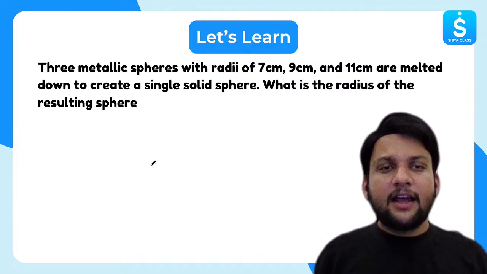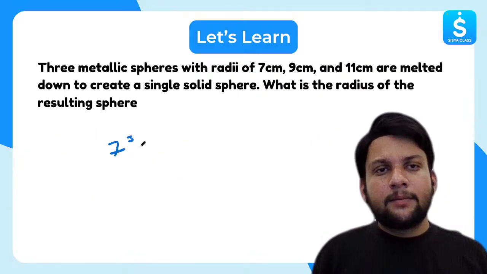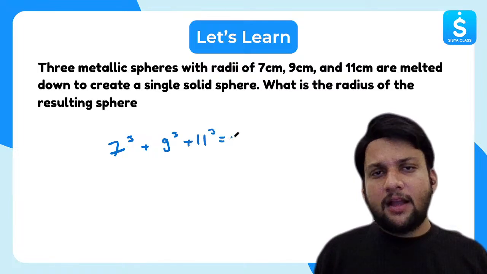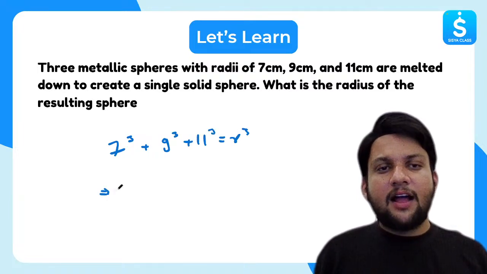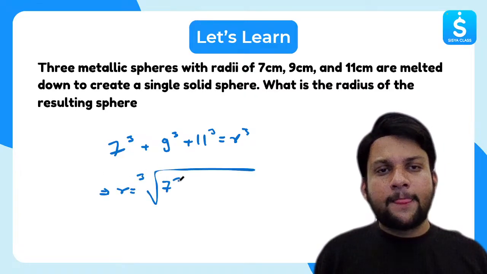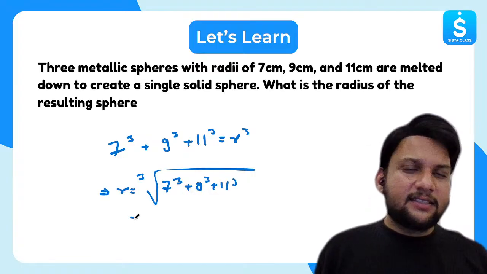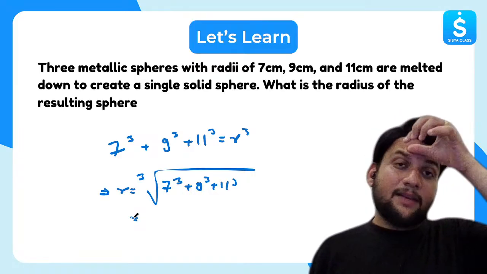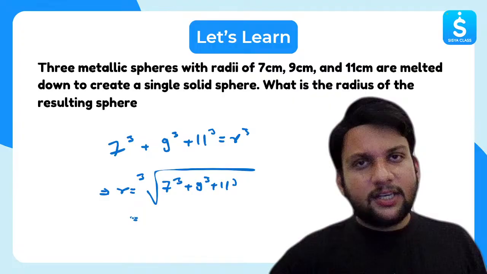So if I write it here, I will get 7 cube plus 9 cube plus 11 cube is equals to R cube. So the final R will be the cube root of 7 cube plus 9 cube plus 11 cube. Again, this type of calculation, that's why this is not in the syllabus right now. But again, this is for your knowledge only.